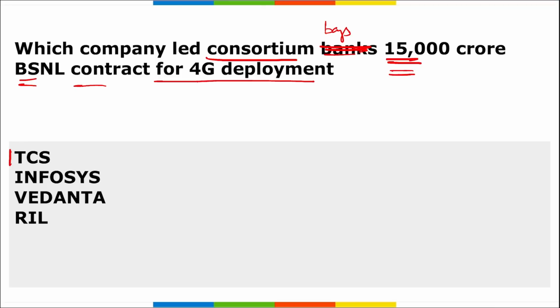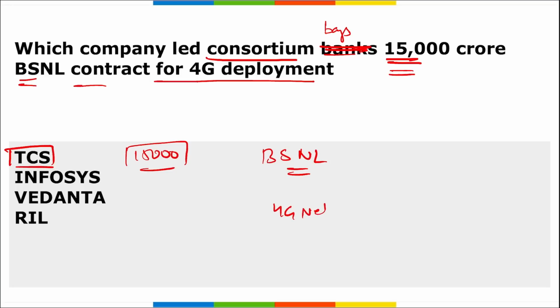It is your TCS led consortium, right? They have received an advance purchase order worth 15,000 crore rupees from Bharat Sanchar Nigam Limited. Correct? And this order was for the deployment of 4G network across India.